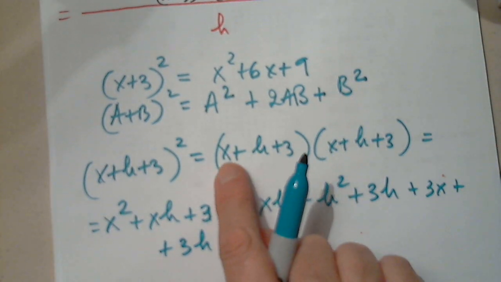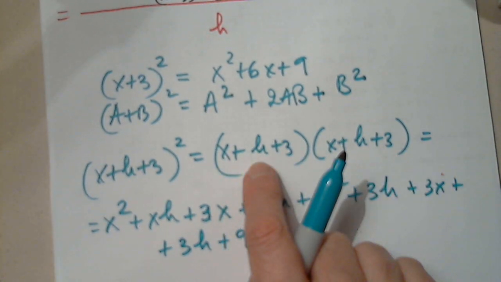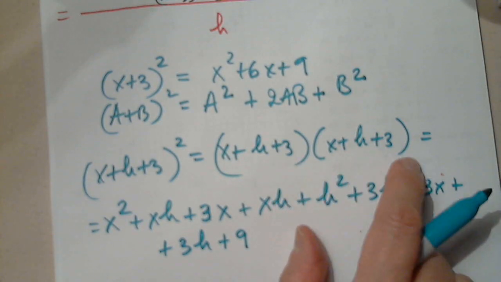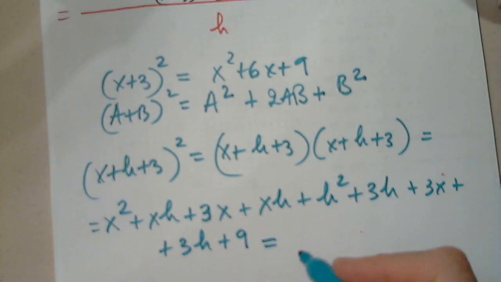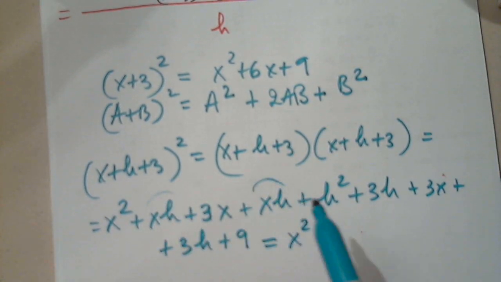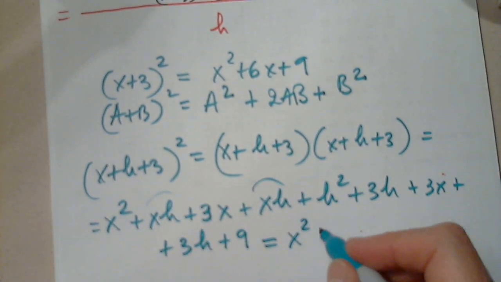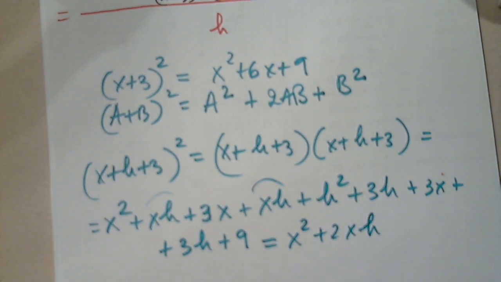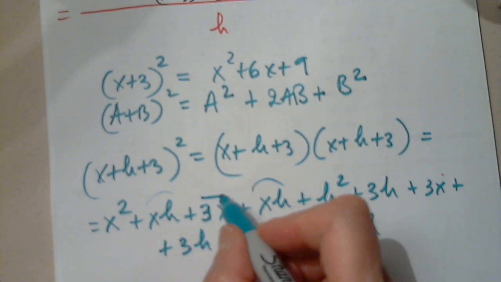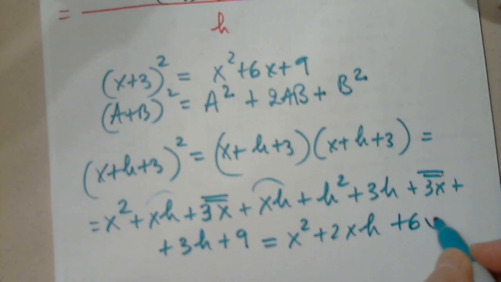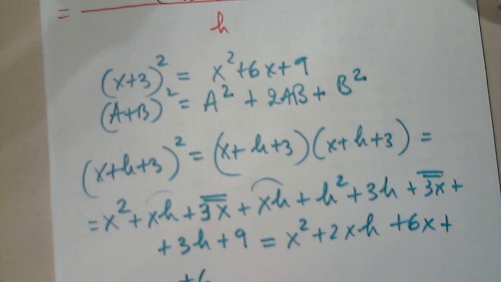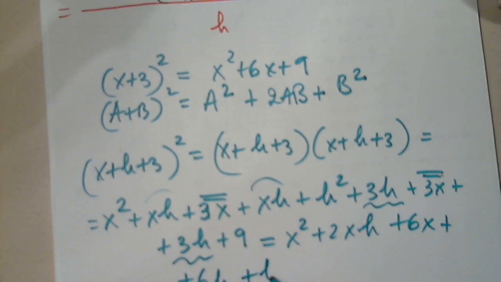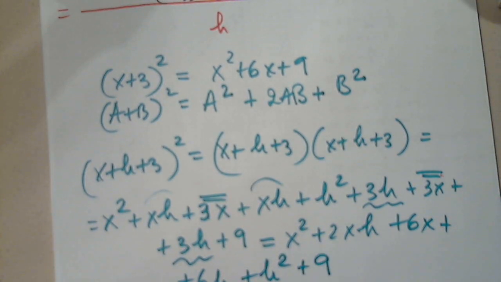So I had to distribute x to these 3, then h to these 3 terms, and then 3 to these 3 terms. And now I have to combine like terms. X squared is alone. xh plus 2xh, 3x plus 3x, 6x, 3h plus 3h, 6h, and plus h squared and plus 9.